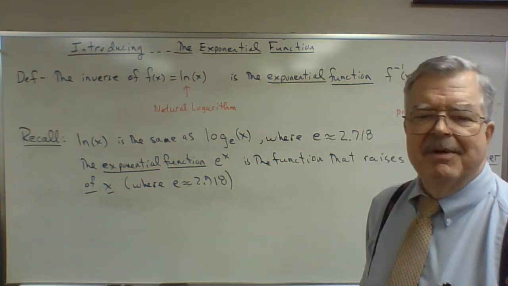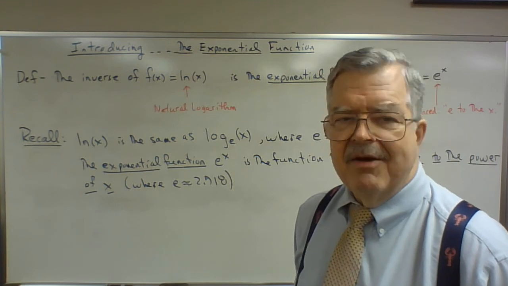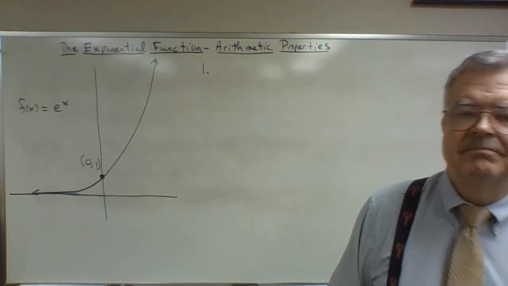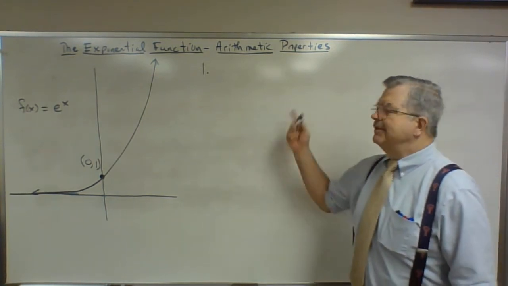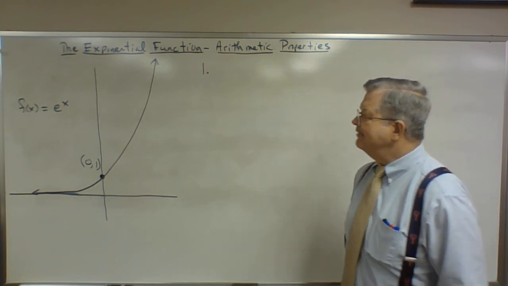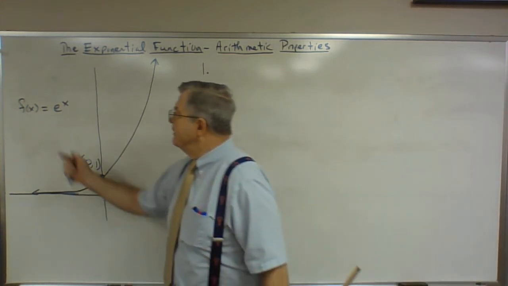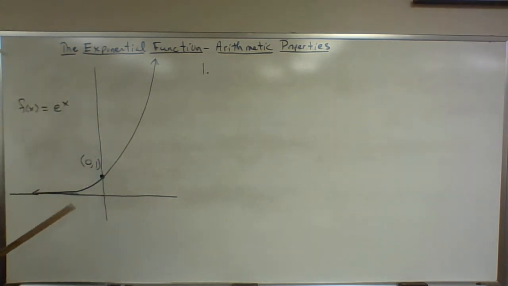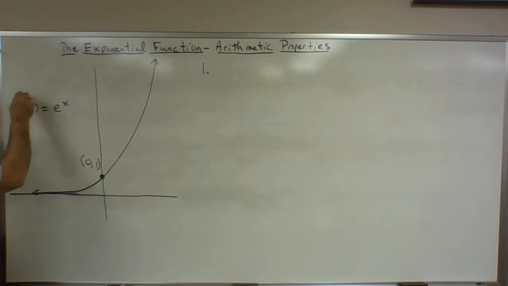Let's look at some algebraic and arithmetic properties of e to the x. Let's look at the arithmetic properties of the function e to the x. You know what? I gave e to the x the title of f inverse, so let's keep it that way.